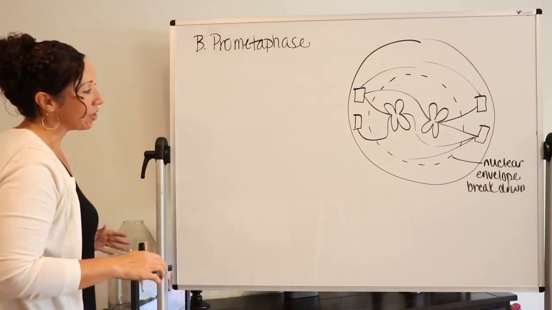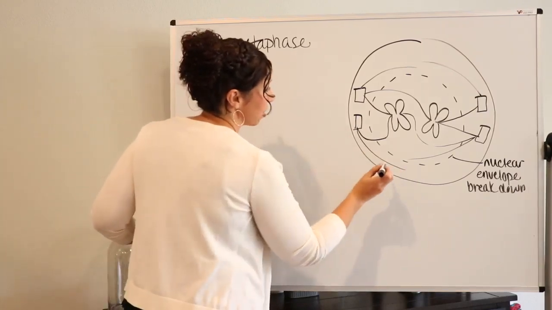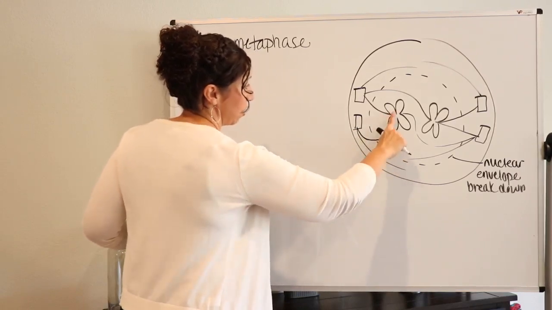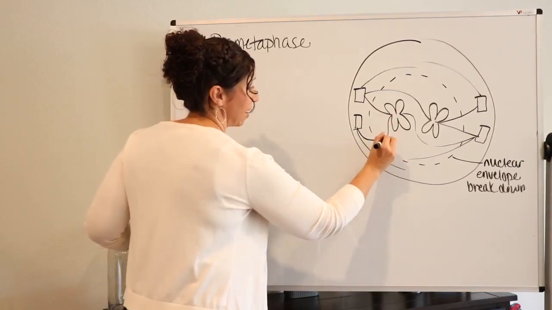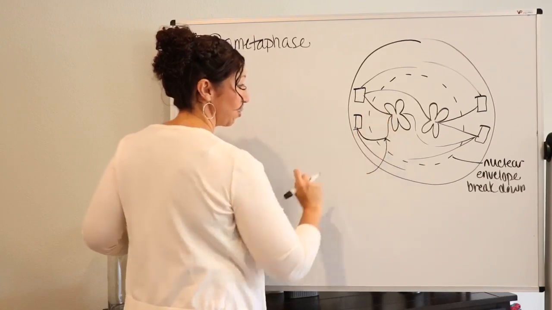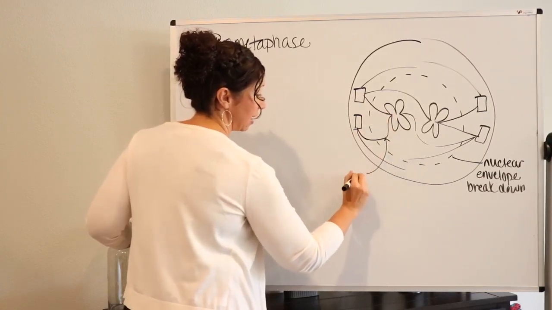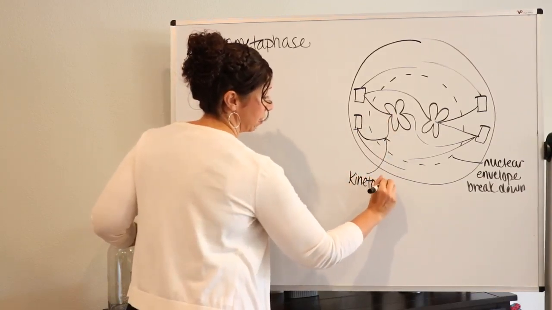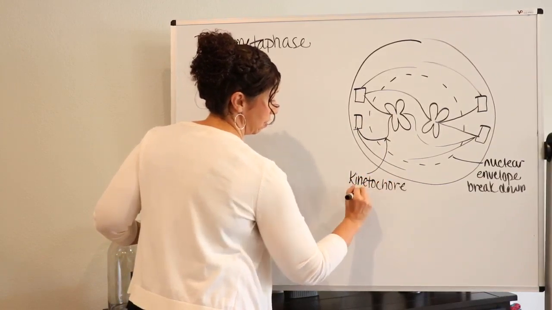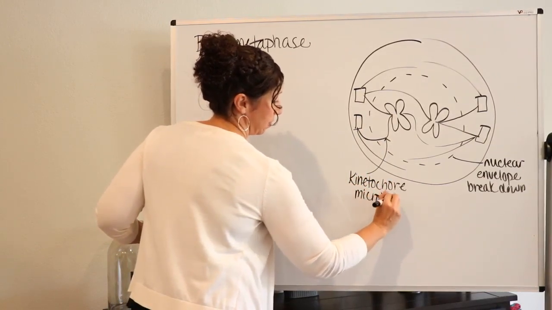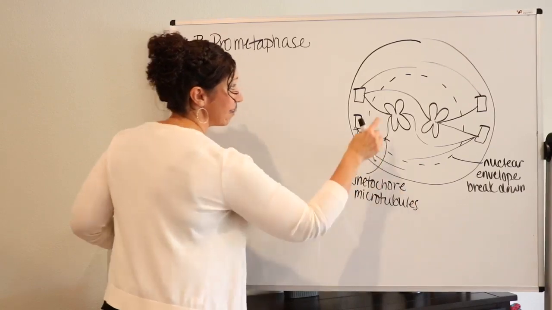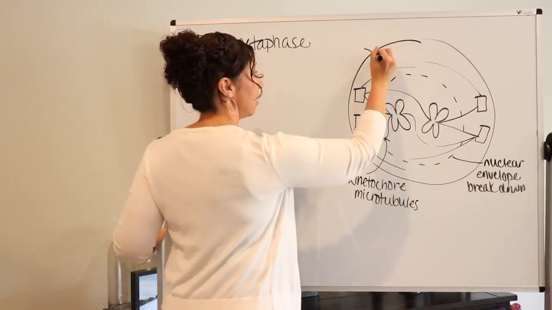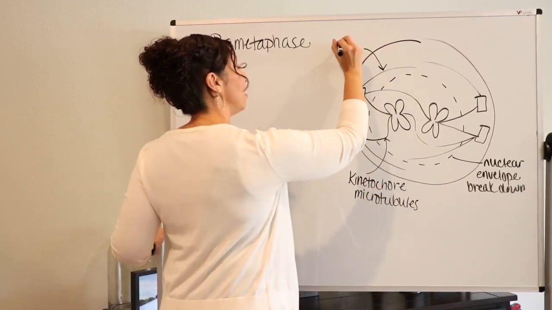And so what you're going to have is this mixture of kinetochore microtubules. So these guys that actually connect to a kinetochore, these are called kinetochore microtubules. And these guys that don't connect to any kinetochore, they're called non-kinetochore.